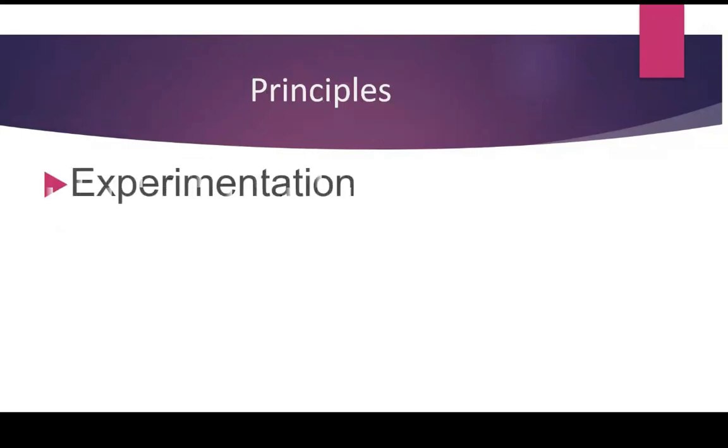And after that there is one more principle, that is the principle of experimentation. As you have seen, there is a lot of experimentation involved in micro teaching. The objectives include the observation of the actions performed by the pupil teachers or the prospective teachers under controlled conditions.